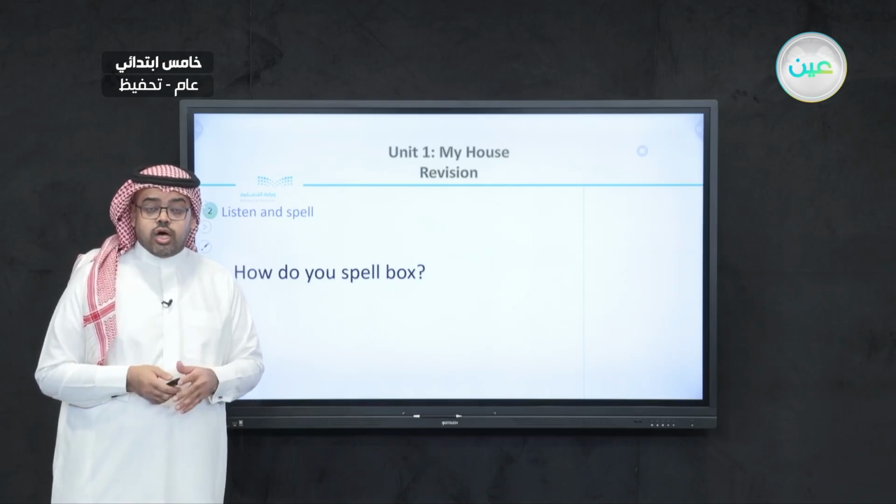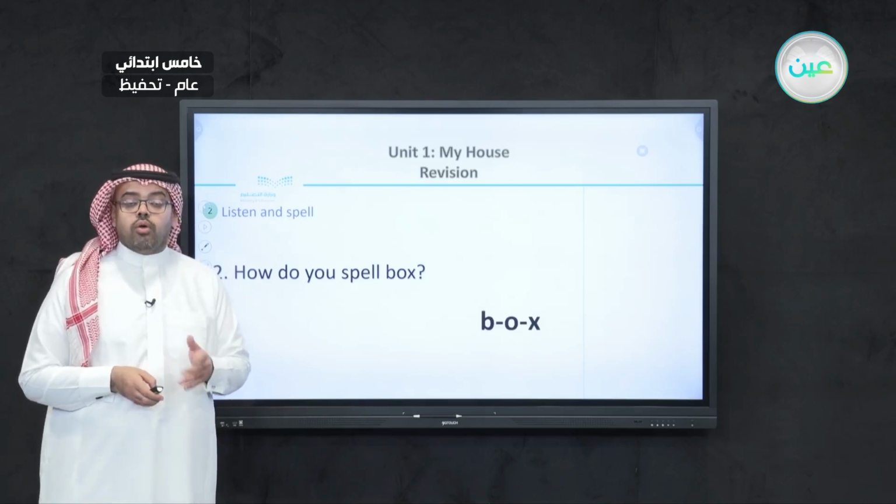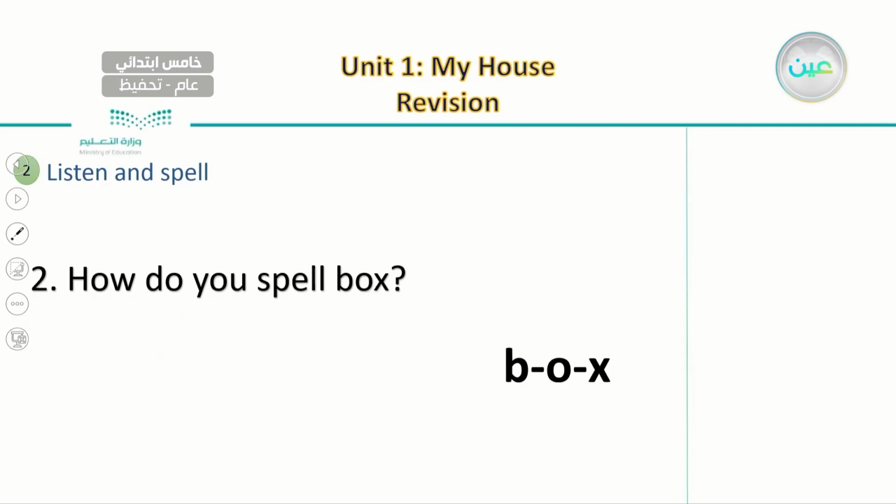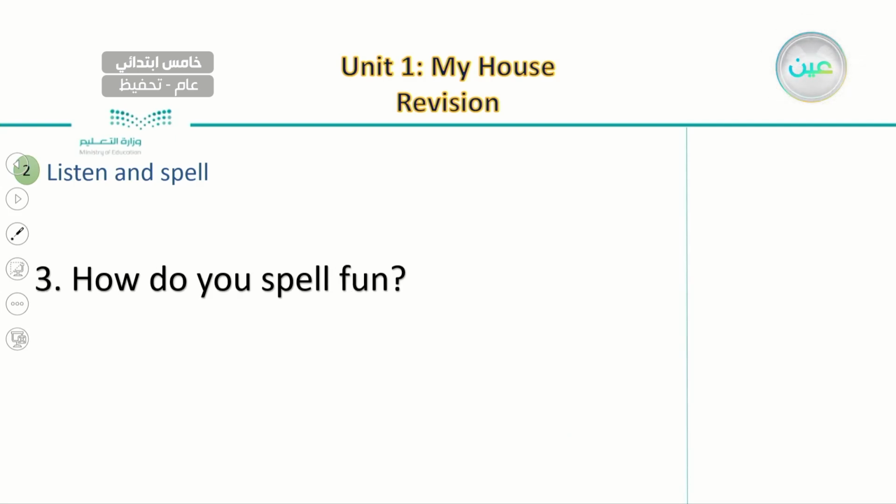The letters are B, O, and X. The same goes for number 3. Here, as you can see, how do we spell box? B, O, and X.